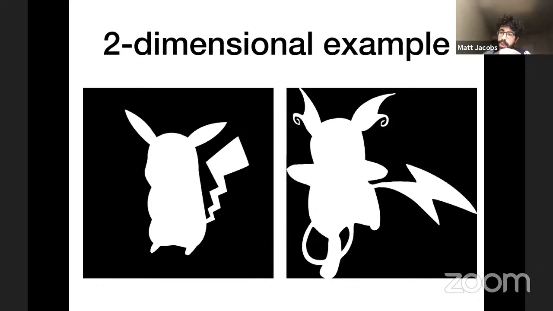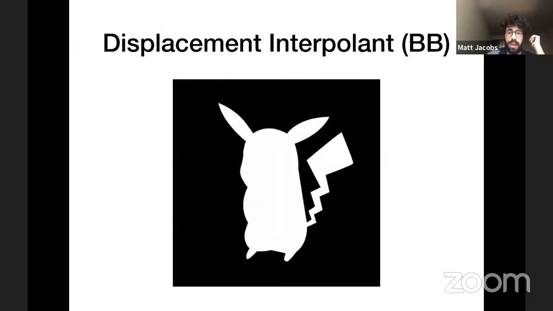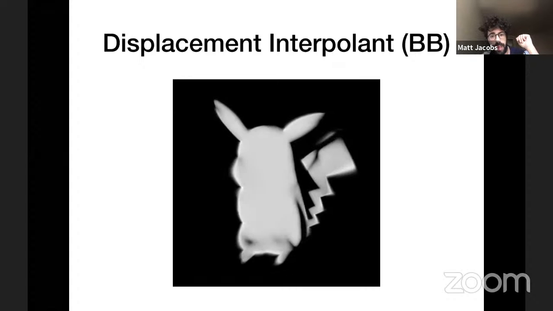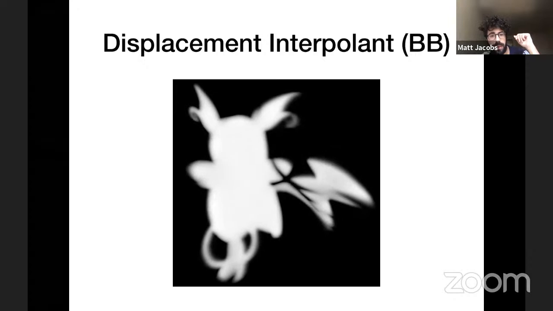So you compute the map, you look at all of the pairs of points. If I send some point x to T of x, then I create a video where I watch the particles travel along these paths. If you compute this displacement interpolant with Benamou-Brenier, you get something that looks like this.